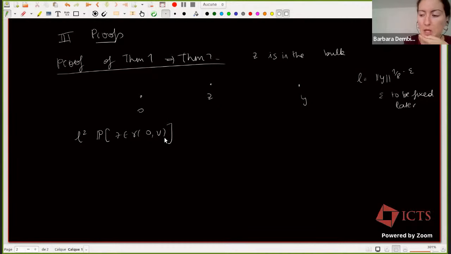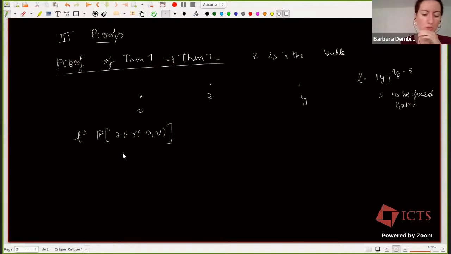averaging trick. The averaging trick was first introduced, in a different form than what I will present here, in the paper of BKS, Benjamini, Kalai, and Schramm. And here I will use a kind of averaging trick that is more similar to the one used in the paper of Dembin, Hanson, and So, where they prove the lower bound on the variance, but for more general distributions, extending the work of Benjamini, Kalai, and Schramm.